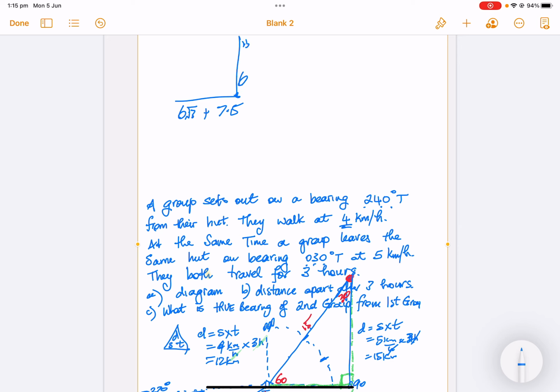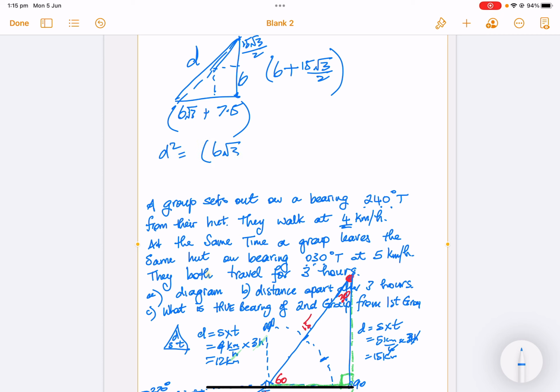This was 6 plus 15 root 3 over 2, because we had these two triangles. But we want to make that one big triangle. Therefore that distance squared equals (6 root 3 plus 7.5) squared plus (6 plus 15 root 3 over 2) squared. Okay, that's as far as I can go.